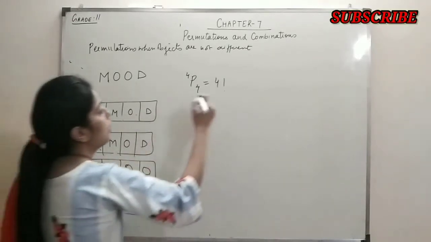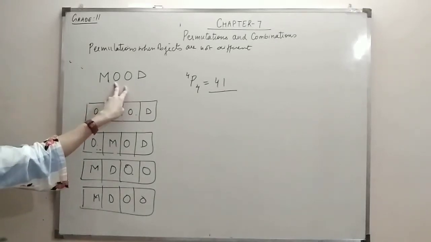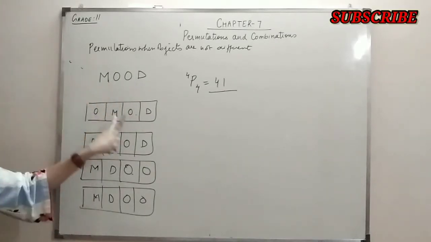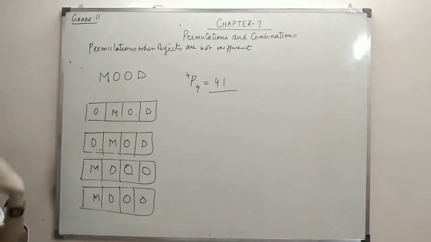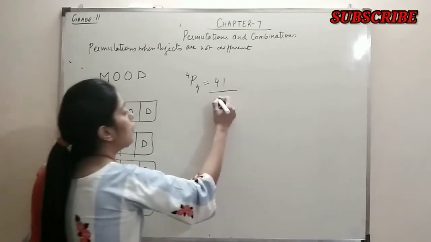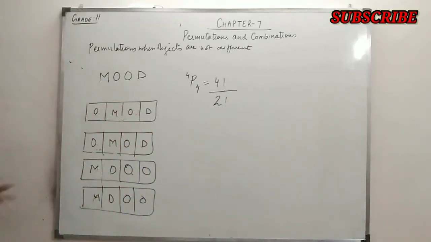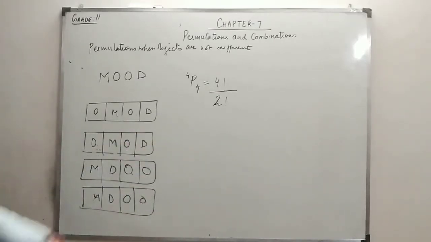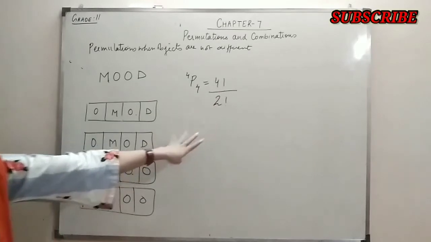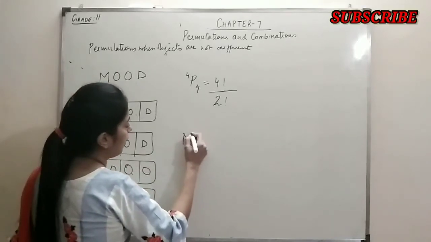Here this letter O is repeating 2 times, and these 2 places can be rearranged in 2 factorial ways. So to balance the doubling, we divide by 2 factorial. The total is 4 factorial divided by 2 factorial. Okay, so let's take one more example.